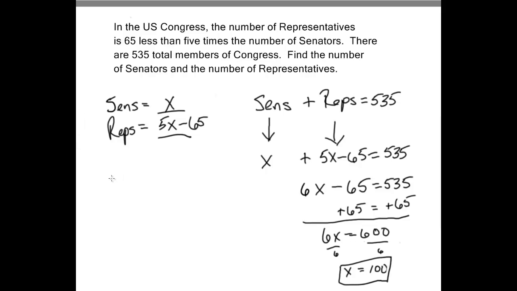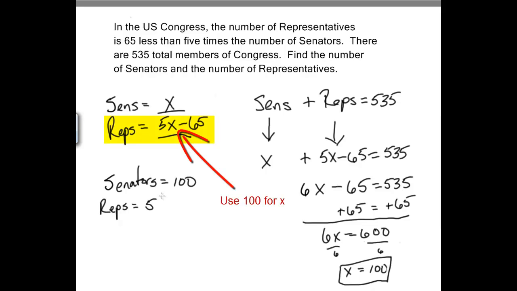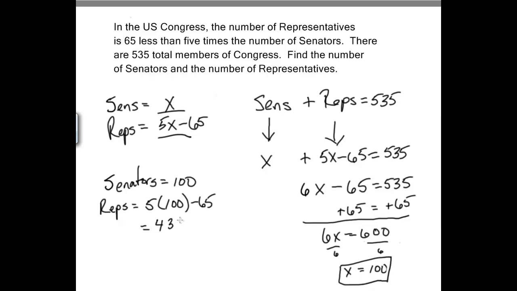And that tells me that the number of senators is equal to 100, and the number of representatives is equal to, well, I'm going to plug in 100 for x, so it's 5 times 100 minus 65, and when I put all that together, following my order of operations, that's equal to 435. So there are 435 representatives and 100 senators.